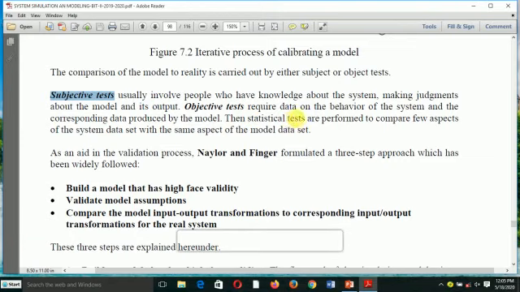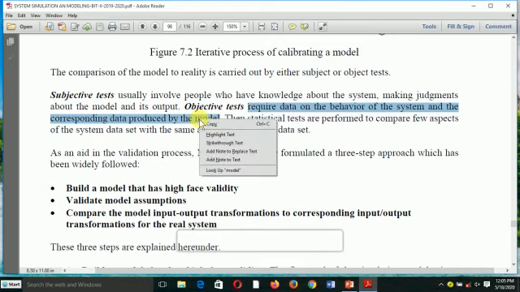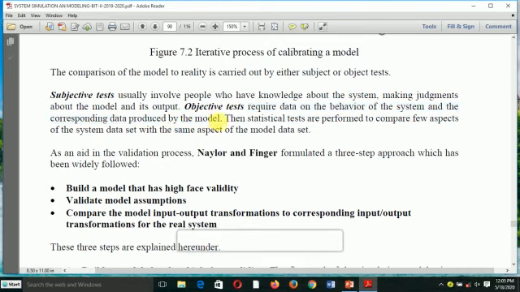Objective tests require data on the behavior of the system and the corresponding data produced by the model. This objective test is done on the data of the system, and the corresponding data produced by the model. So an objective test comes from the system itself. Subjective comes from professional people who did not participate in the development of the system.